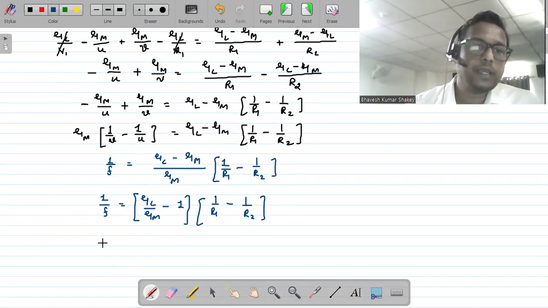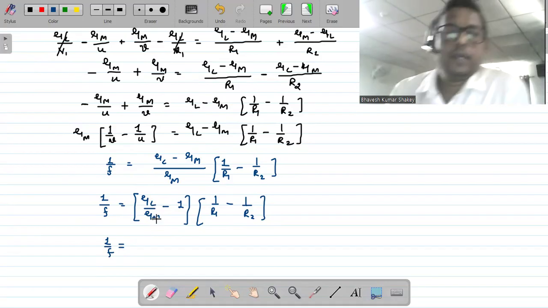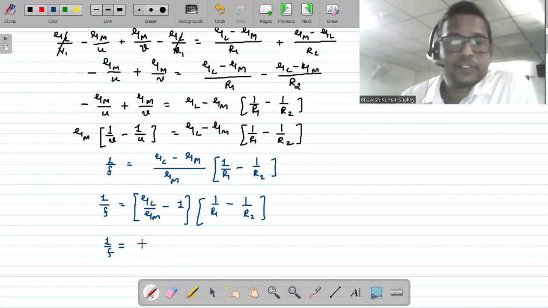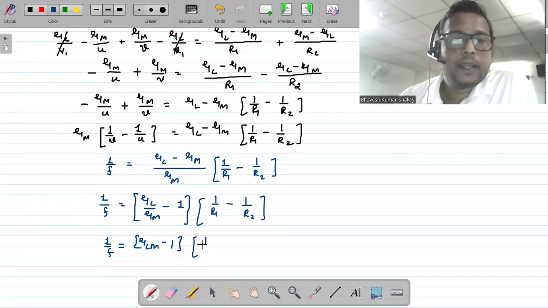Mu L by mu M is the refractive index of lens with respect to medium, so mu LM minus 1, and 1 upon R1 minus 1 upon R2.